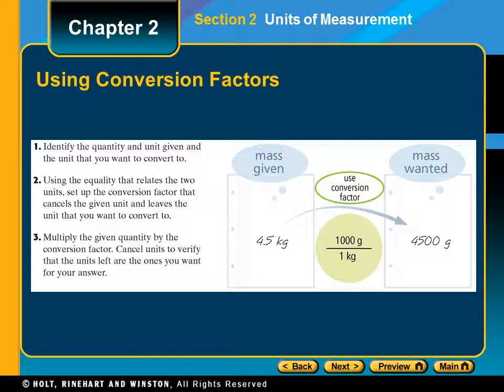You set up your conversion factor so that you cancel out the given unit and leave the unit you want. So in this case, it's 1,000 grams over 1 kilogram, so that you have kilograms on the top and kilograms on the bottom. They cancel out. Then you multiply and you carry your unit over to the answer. And so 4.5 times 1,000 is 4,500. You carried your unit over. It's grams.